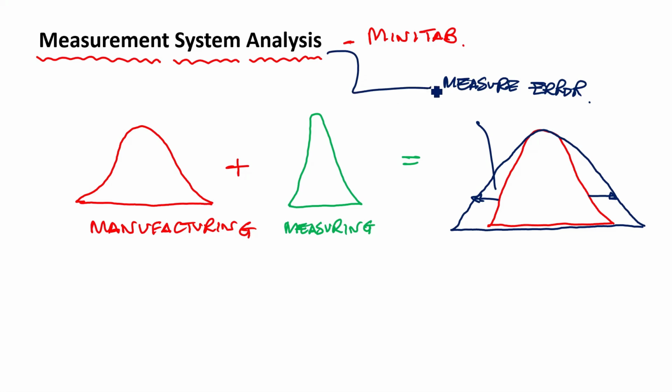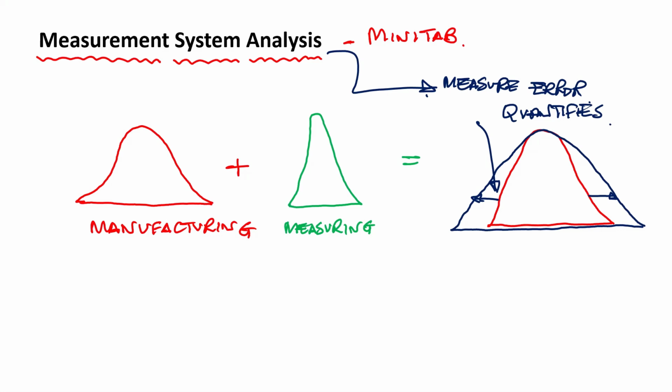MSA, very simply, what does it do? It quantifies it. It tells you how big the measurement error is. So today we're going to take a look at this technique using Minitab.